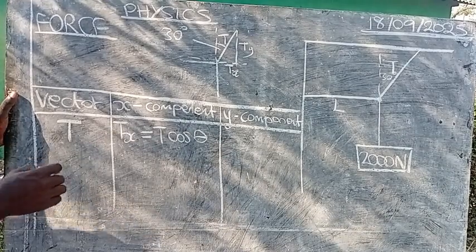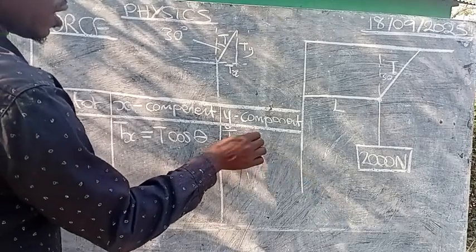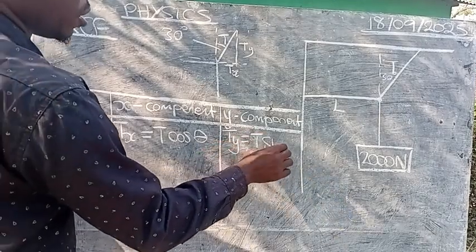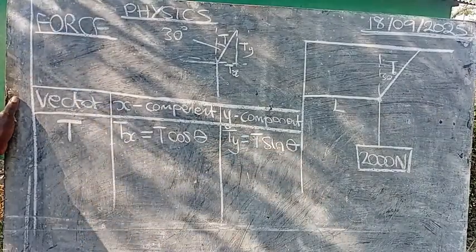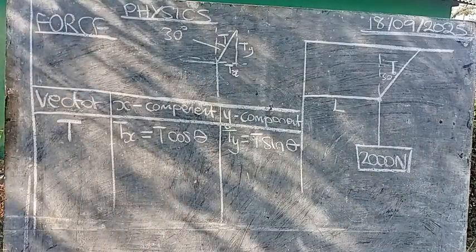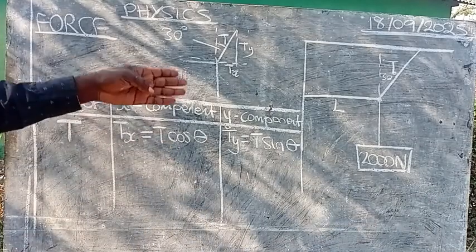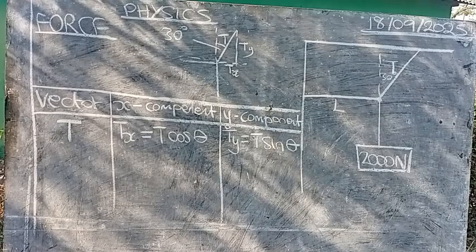Clear? Then Ty is equal to T sin theta. So for the x component, we'll be using cos, and for the y component, we'll be using sine.